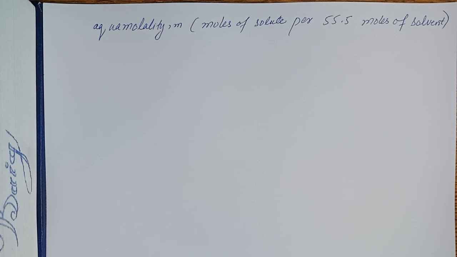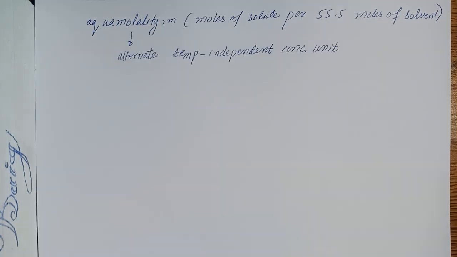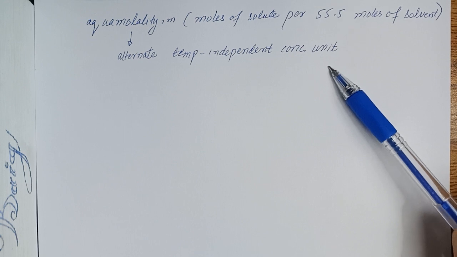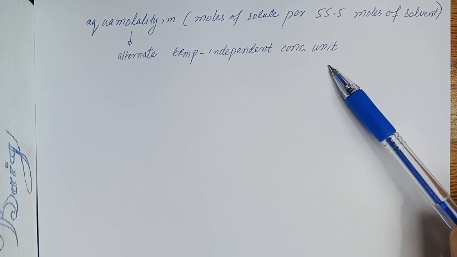In view of the above and related difficulties, aquamolality, denoted as small m, moles of solute per 55.5 moles of solvent, was introduced as an alternate concentration unit that is temperature independent, was given long ago.